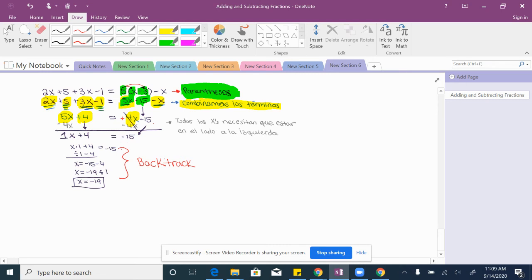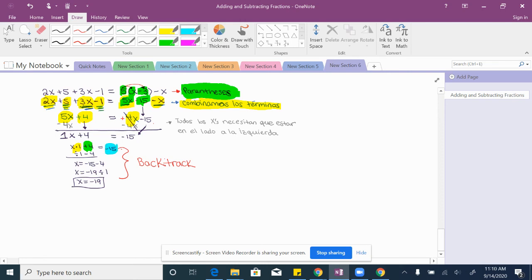And now it's the same as the previous problem with backtrack. So here we begin with multiplying by 1 and then adding 4, and the result is negative 15.